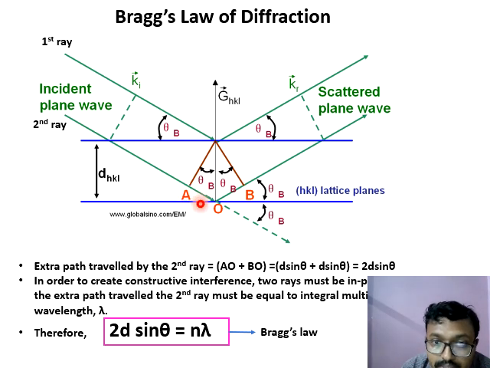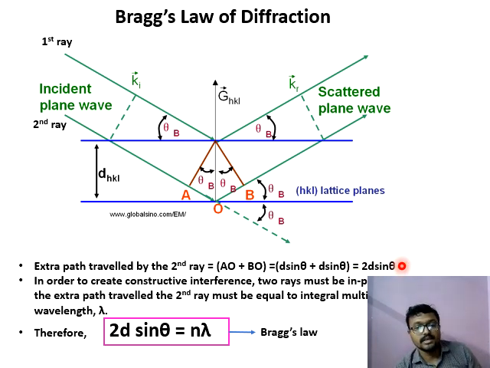Now we have to calculate AO and OB. If we see this triangle, AO will come as d sine theta, and OB will also be d sine theta. So AO plus OB will be d sine theta plus d sine theta, which is 2d sine theta. So in that way we get 2d sine theta equal to n lambda.